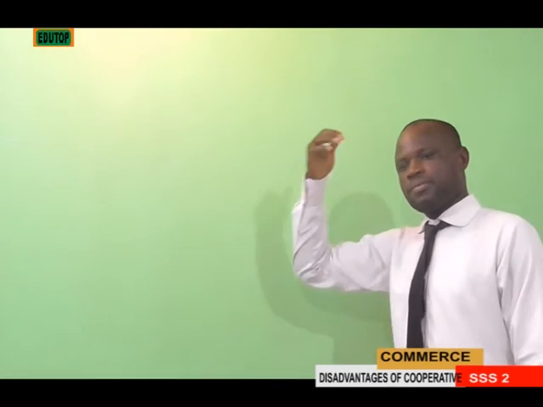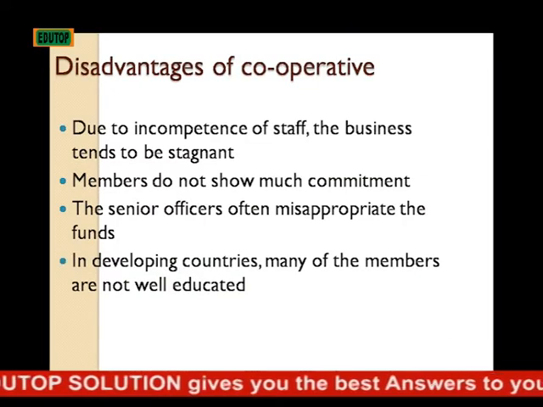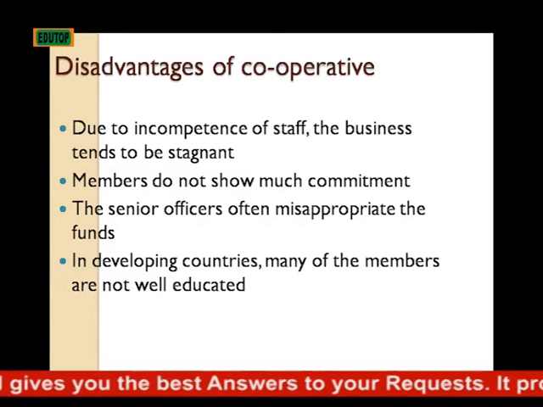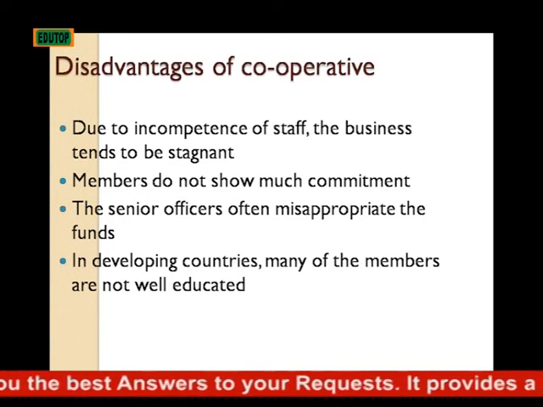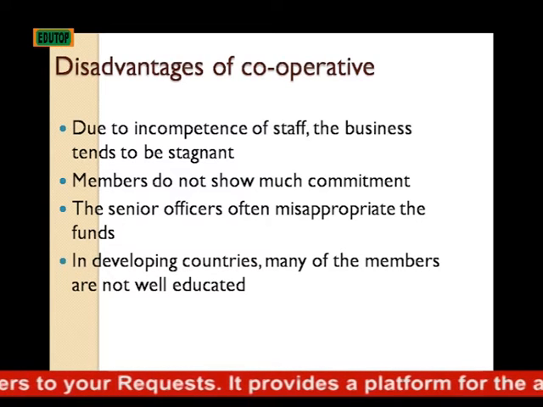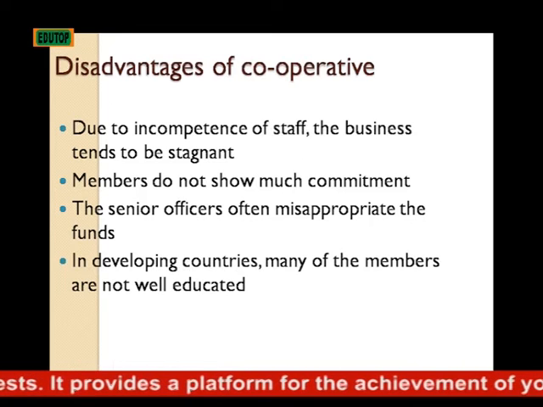Disadvantages of cooperative. 1. Due to incompetence of staff, the business tends to be stagnant. 2. Members do not show much commitment. 3rd, the senior officers often misappropriate the funds.